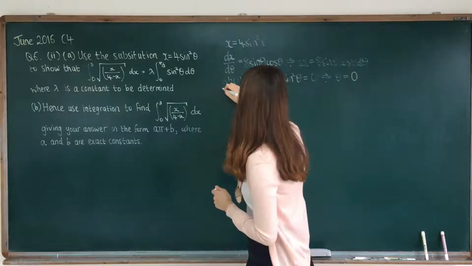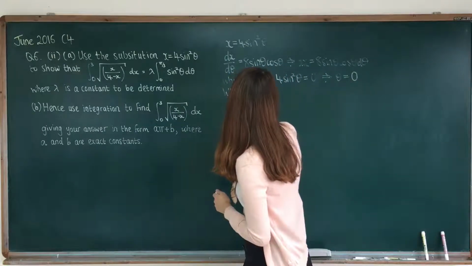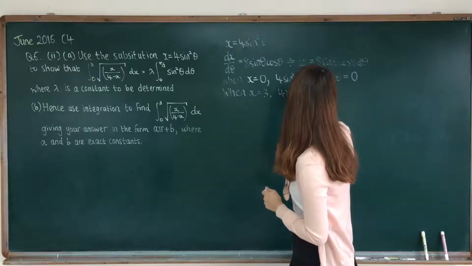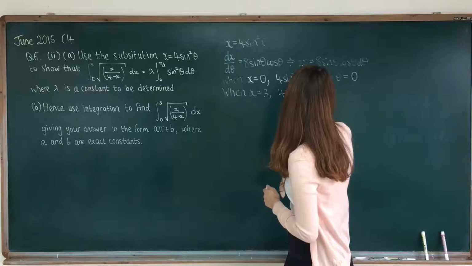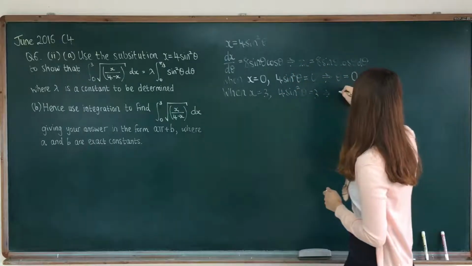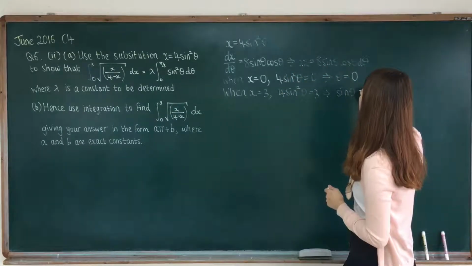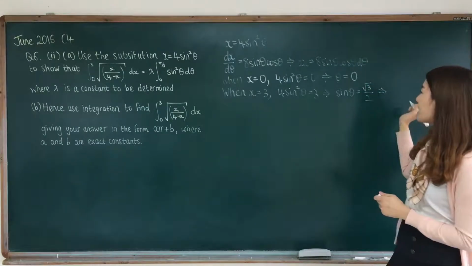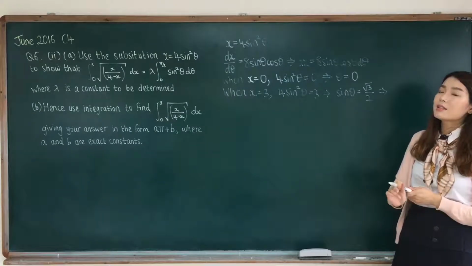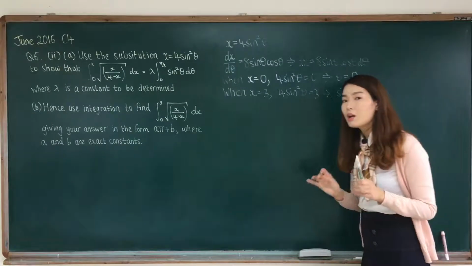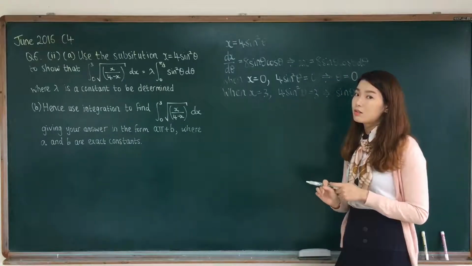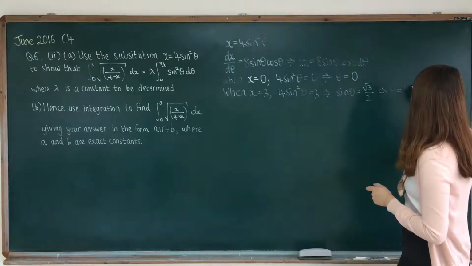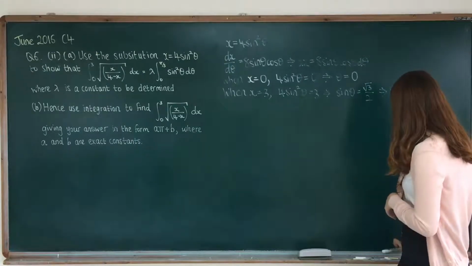And the upper limit, when x equals 3, 4 sine squared theta equals 3. So sine theta equals root 3 over 2. And theta, we know that when we're doing integration, we only deal with radians, not degrees. So theta is going to equal pi over 3.